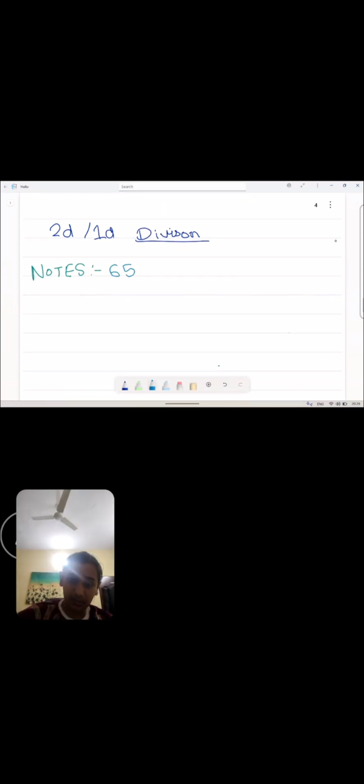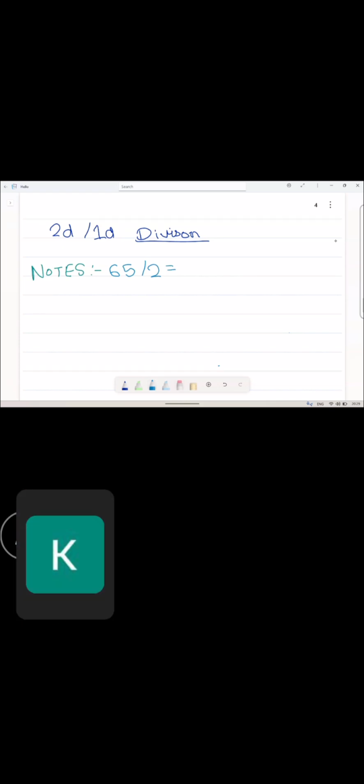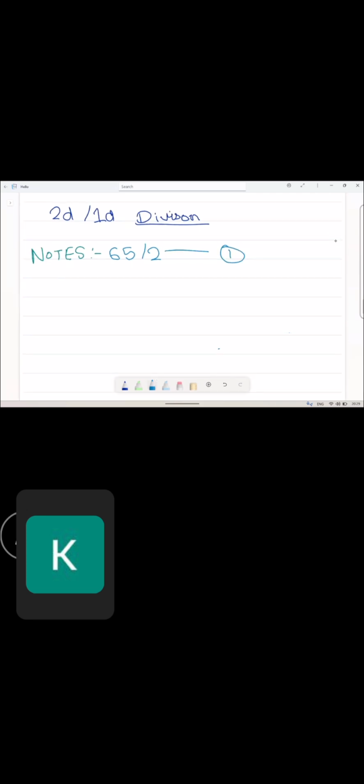Notes. I'm naming it as equation 1, okay? So, okay, so what is the first step here? To divide the first digit. So the step here is, first step, wait a minute.